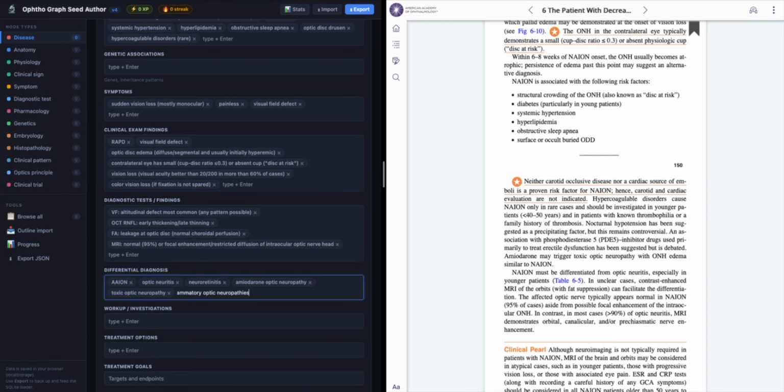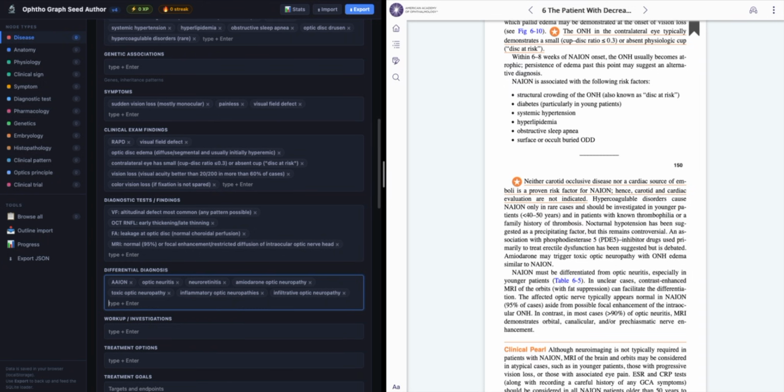Inflammatory optic neuropathies, just so that way it captures that information, and then some infiltrative optic neuropathy, radiation optic neuropathy can sometimes show disc edema as well, and posterior uveitis, which can also cause vision loss and disc edema that can look a whole lot like ischemic optic neuropathy. So I think that's a pretty good differential diagnosis right there.